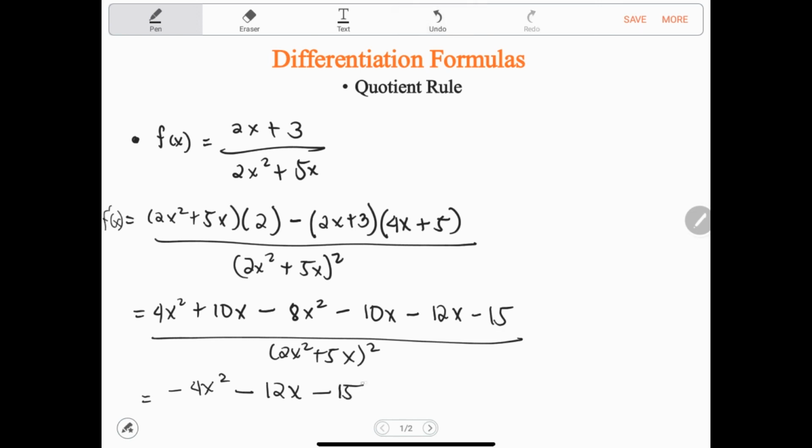Then copy negative 15, all over the quantity 2x squared plus 5x to the power of 2. That's our derivative.